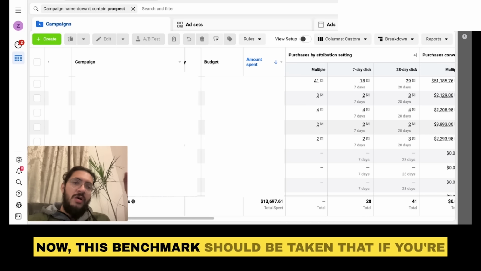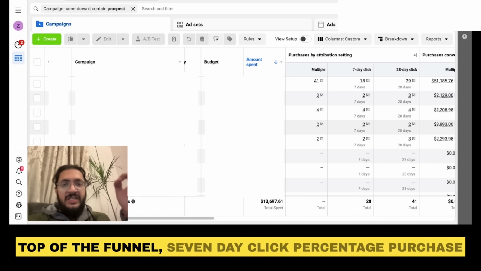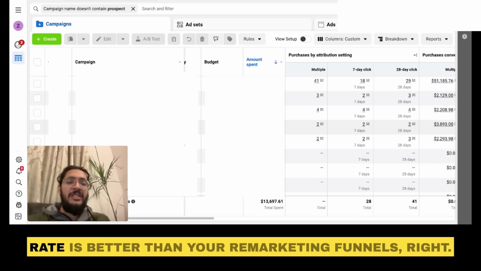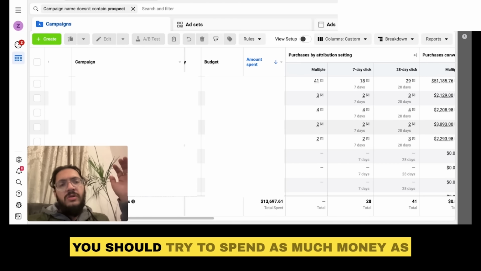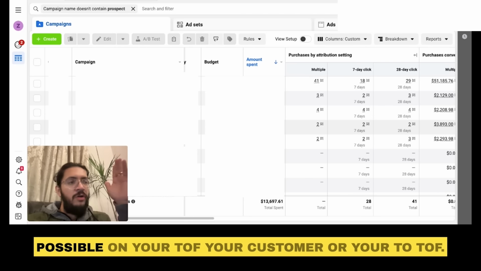this benchmark should be taken that if your top of the funnel 7-day click percentage purchase rate is better than your remarketing funnels, right, you should try to spend as much money as possible on your TOF.